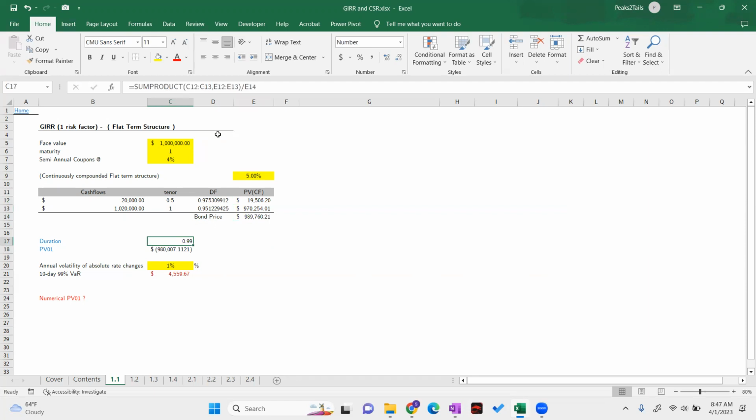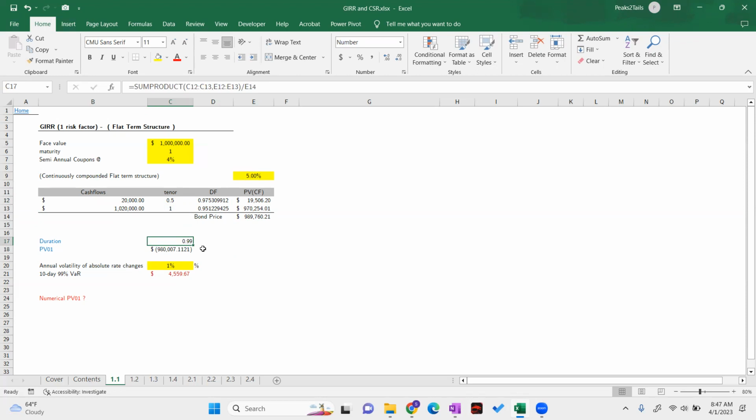That's what I've done. Sum product of these two divided by the bond price. That's 0.99, which is very, very close to 1. The reason being, look at these two cash flows. This is nothing compared to this, right? So majority of the weight goes to 1. So that's why you get 0.99. This is just a pure number, okay? Doesn't have any dollar significance. This is just 0.99 years.